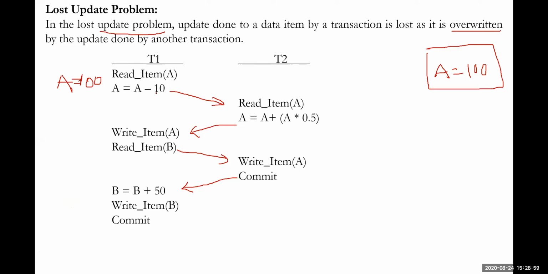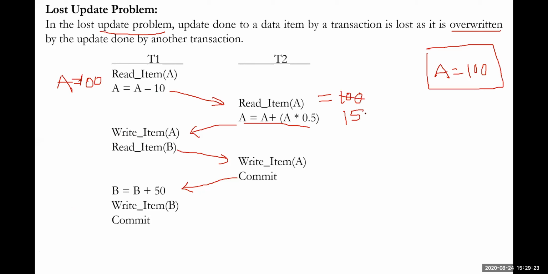And then in this scenario, the value of A has been read here. The value read is 100 again, at transaction T2. Then whatever the modification, it can be done here, that is 100 plus 50%, that is 150.